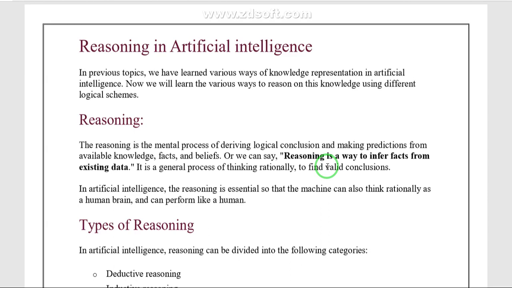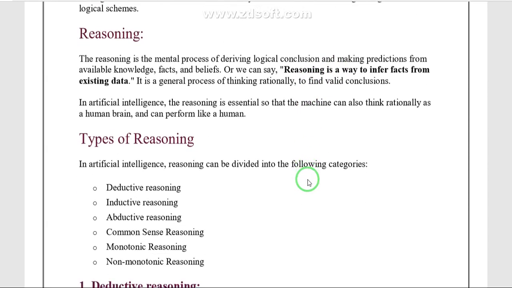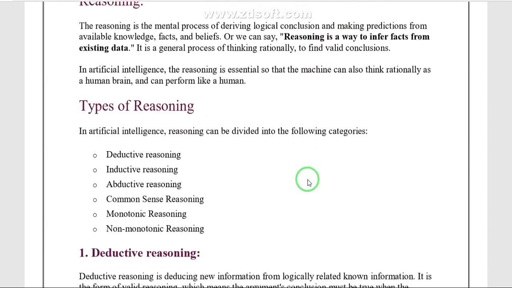With the help of existing data, we make and conclude new data. So reasoning plays a main role in knowledge based reasoning in artificial intelligence.